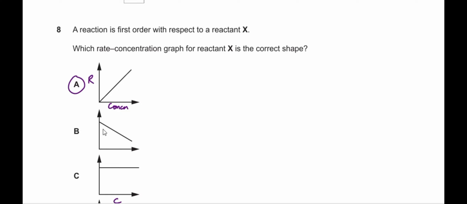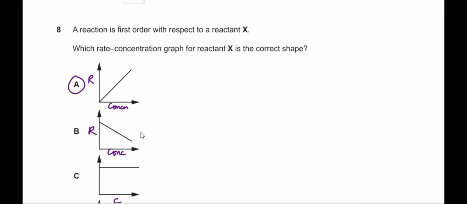Option B. You can see this diagram. If I mark this as rate and this as concentration, it shows that the rate comes down as the concentration increases, which is not a correct option in a reaction. Therefore, this is an incorrect diagram.